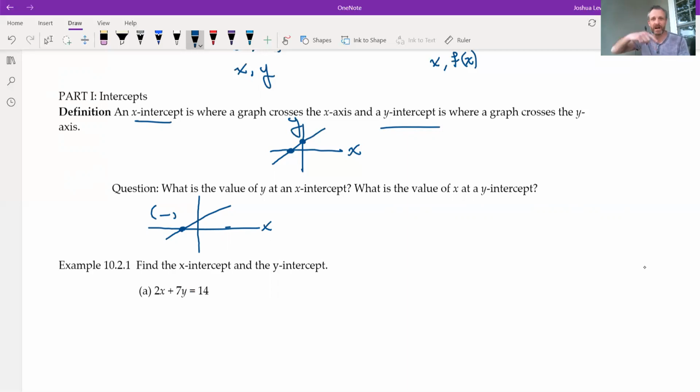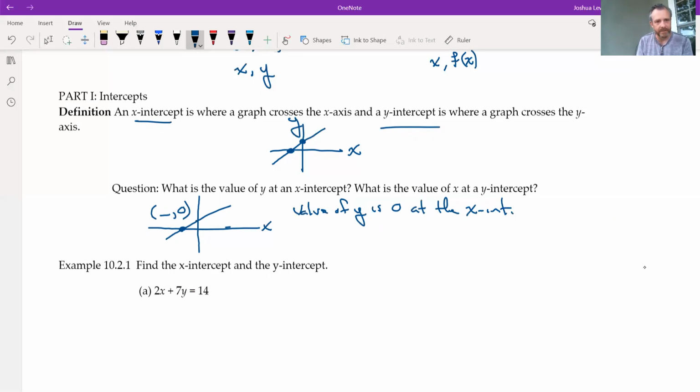Which means if you think of y as like elevation, it's like sea level. This is 0. So the value of y is 0 at the x-intercept.